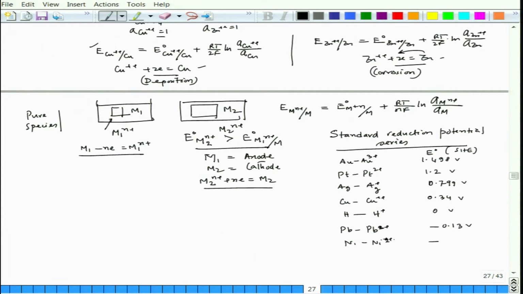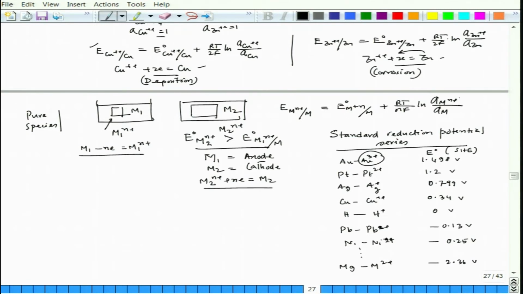Two plus is basically like that way. You can go up to magnesium. So, like that way we can have a series which is based on finding this value by putting the same ion of that particular metal, maintaining that ion concentration, that activity, to be 1.